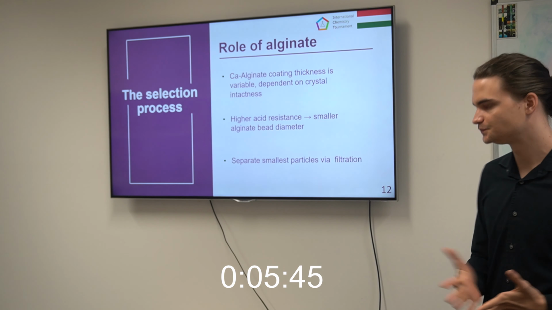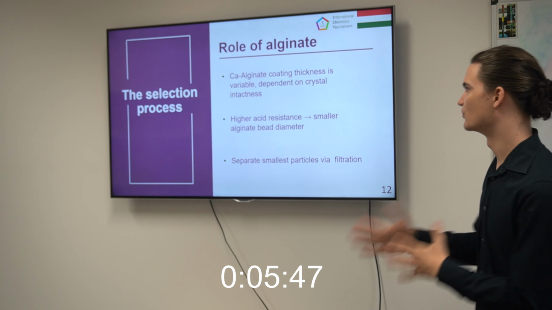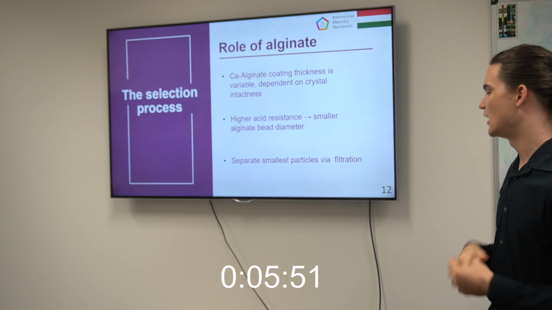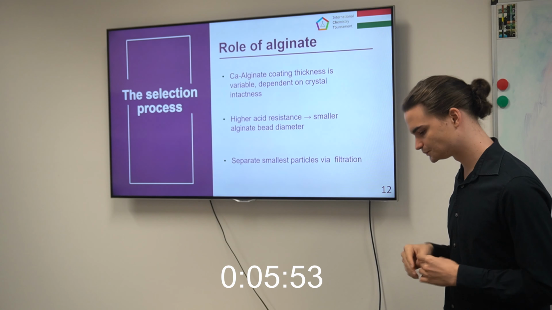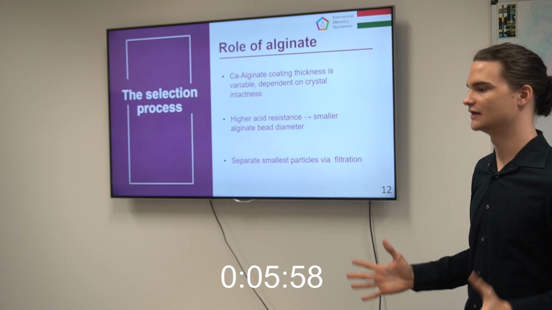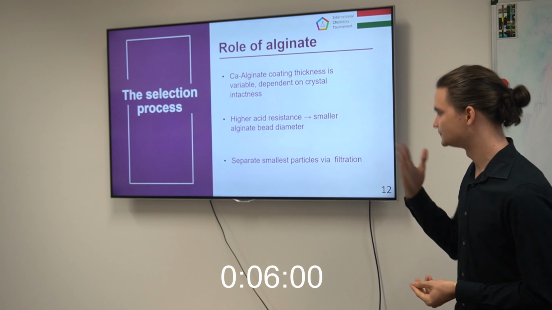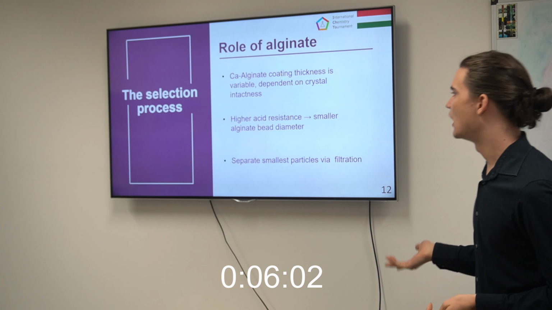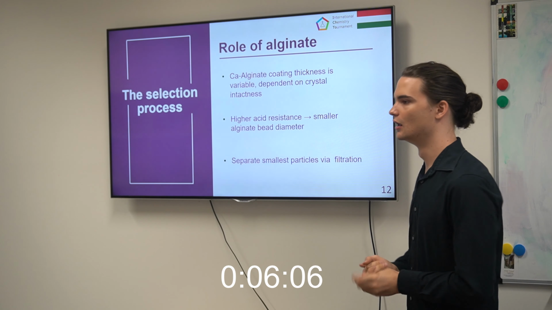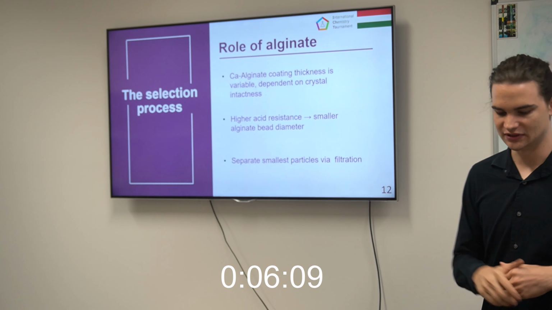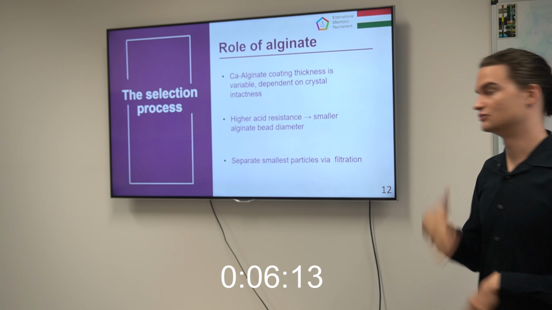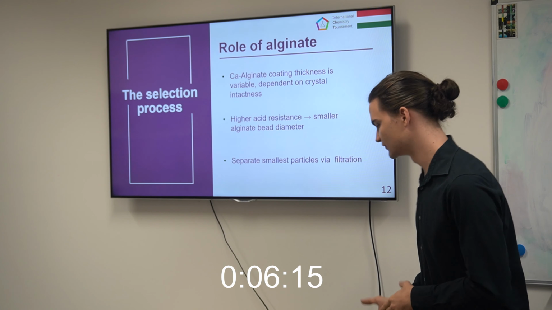And as the reaction goes on and more calcium leaves the crystal, the more precipitation will form, and this gel-like layer of precipitation will thicken, and so after a while the crystal particles will be entrapped into alginate beads, whose diameter is dependent on the acid resistance of the crystals.